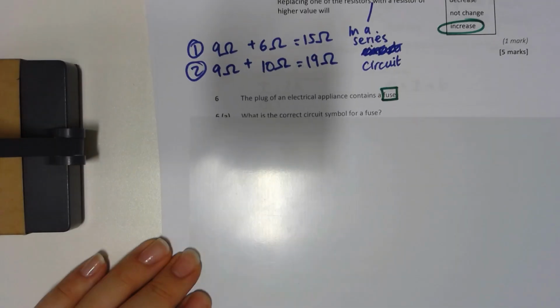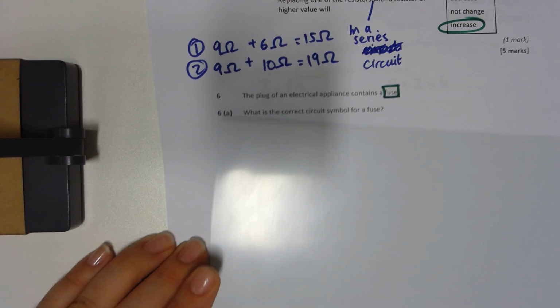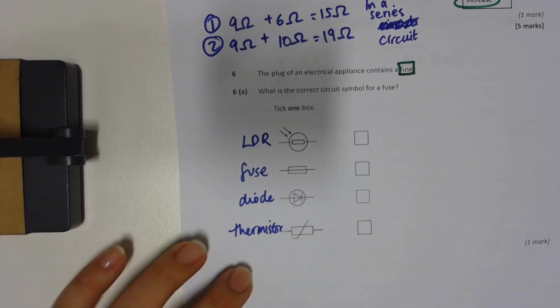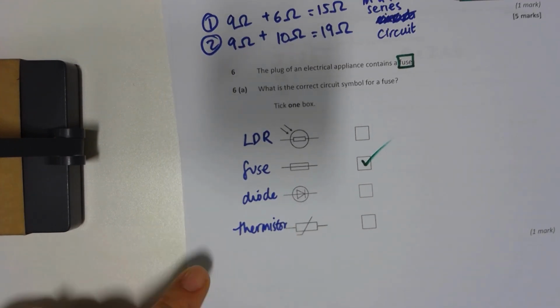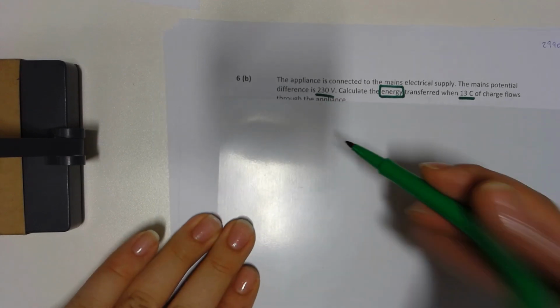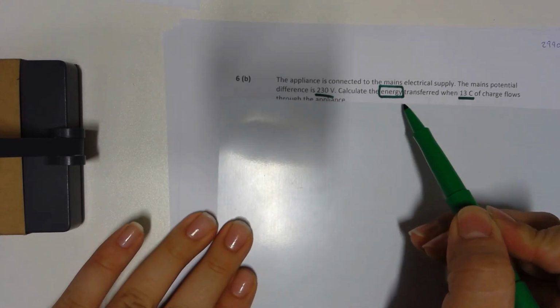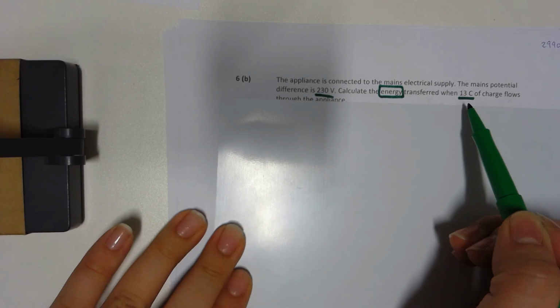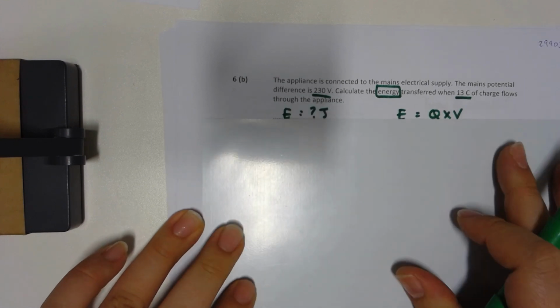Next question, we had a fuse. We had to find out what the fuse is. Well, the fuse is this one here. We have an LDR, a diode, and a thermistor. The appliance is connected to mains electricity supply. The mains is 230 volts. Calculate the energy transferred when 13 coulombs of charge flows through the appliance.